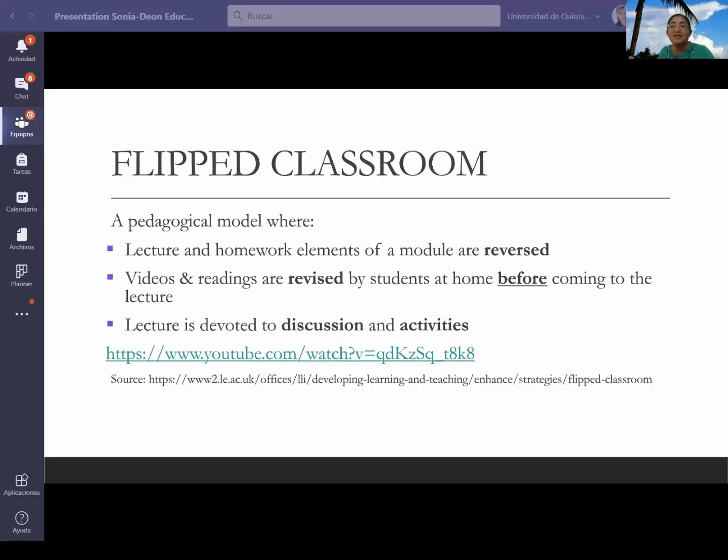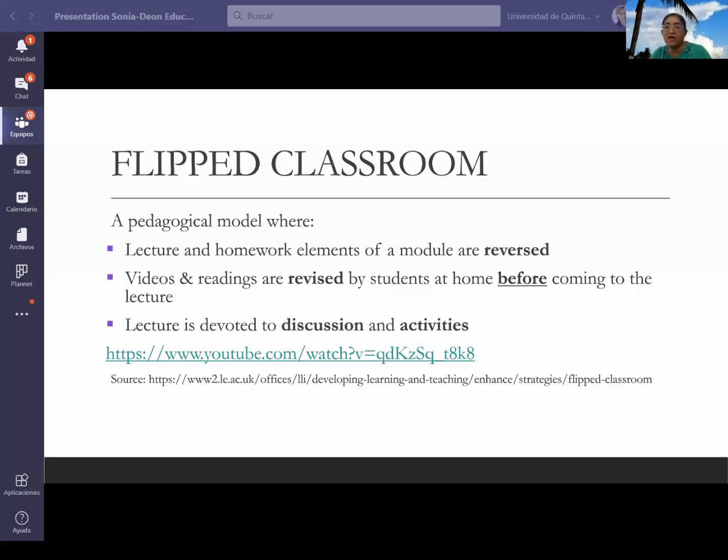You can record a video with the lecture, or you can give the students a reading that they will have to do as homework prior to the class. What you really do in the class is to revise those videos or those readings, and the class is only for discussion or for activities that have to do with that specific information that you have given already to the students, right?